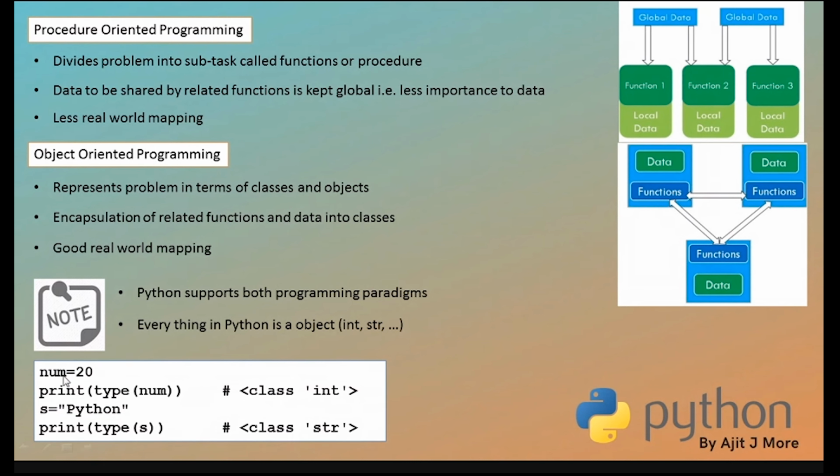If I've written num equal to 20 and then I try to print the type of num, doesn't it print class int? Yes. If I've created a string and then I print the type of this string, it prints class str. This itself justifies that these variables are implicitly objects of their respective class.